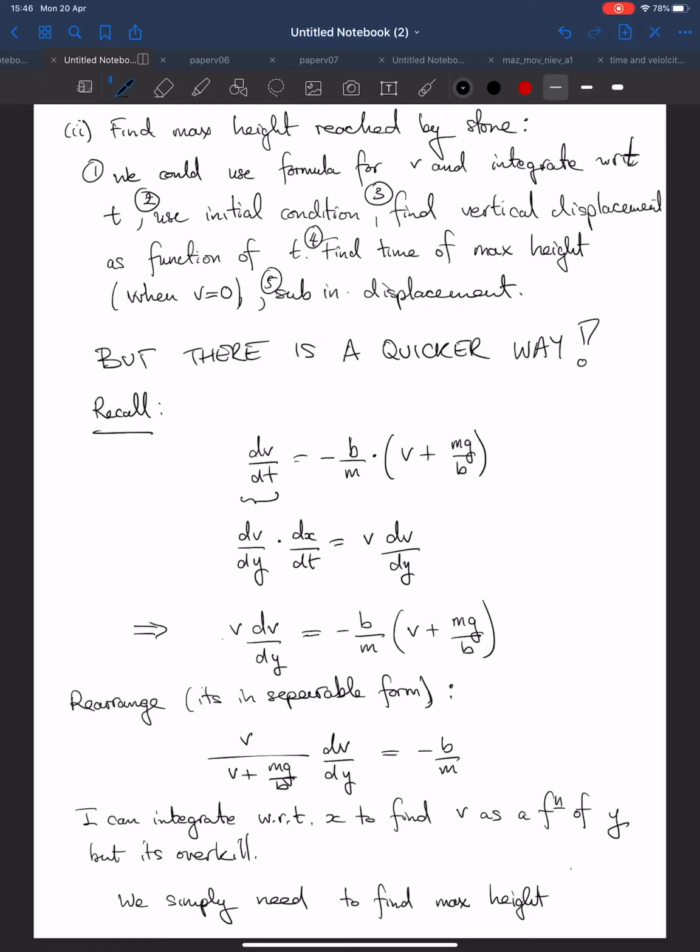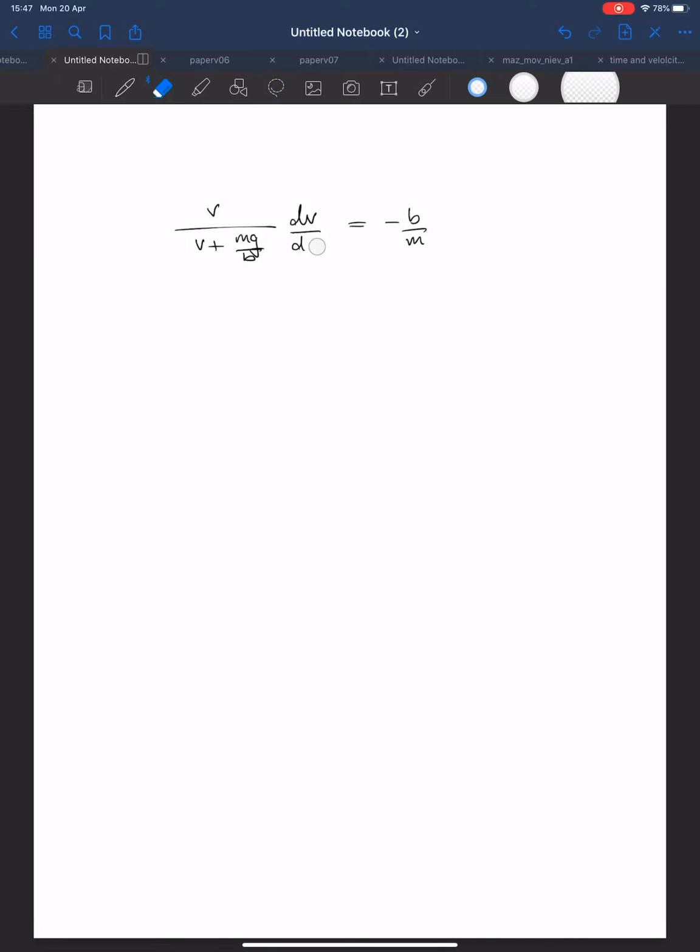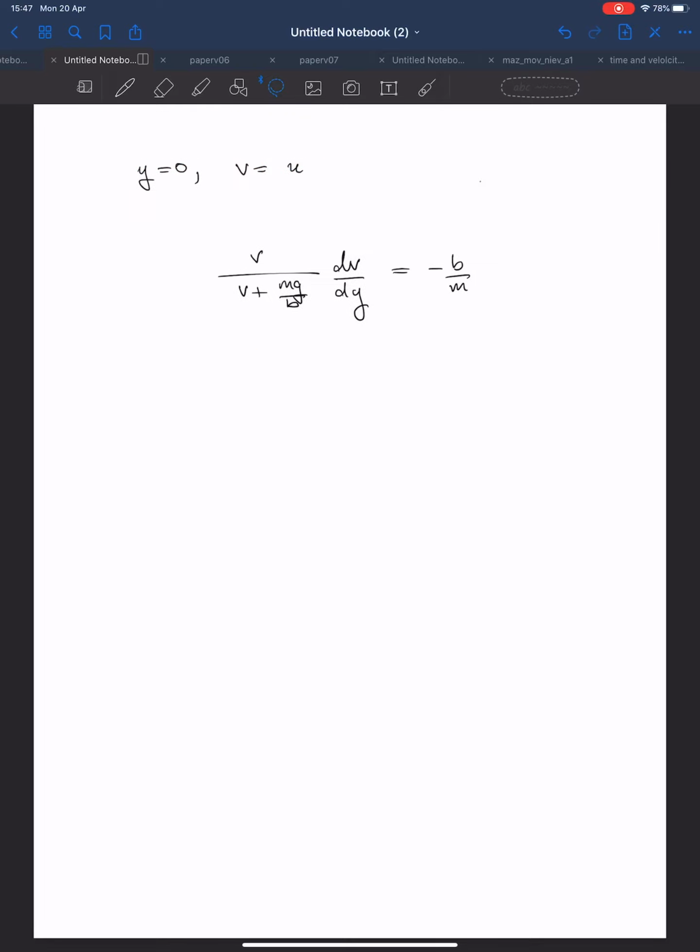So what can we do? Well, let's just paste this there. First of all, we have this equation. First of all, let's review the conditions we have. So we know when y equals 0, the vertical velocity v is u. That's our initial condition. The point from where it's projected has an initial speed u.